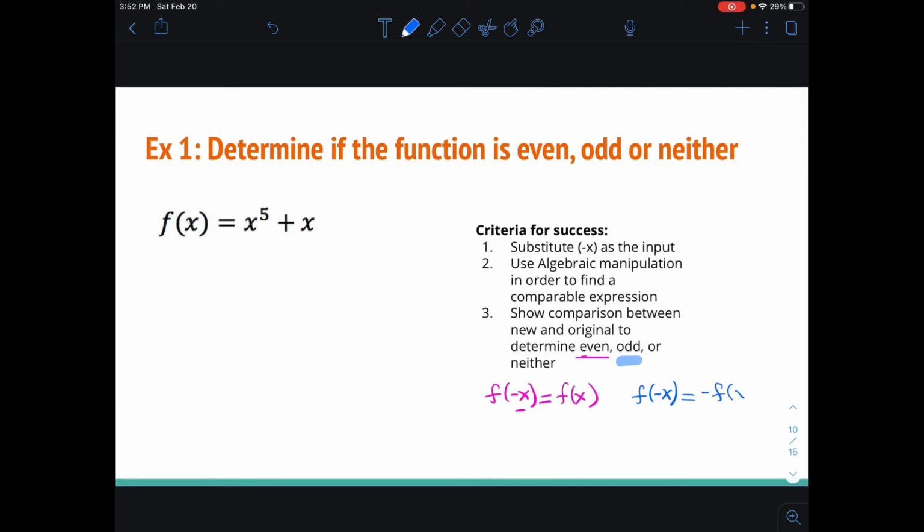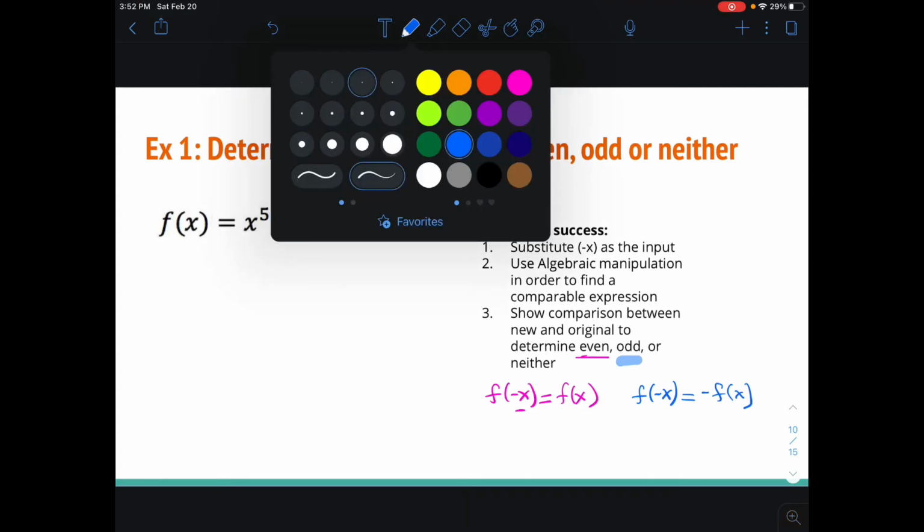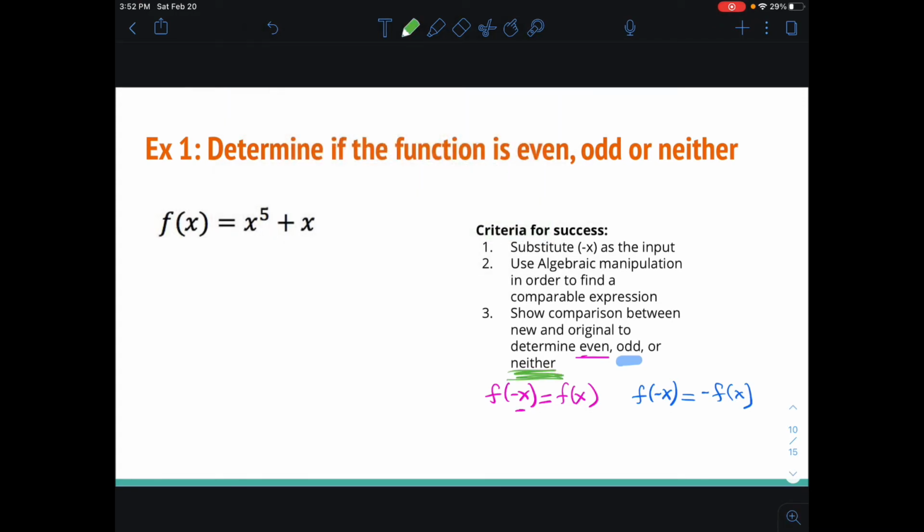The opposite of the original. And neither, you would tell me that both did not work. You would say for neither that, when I substitute the opposite of x, it's not the same as f of x. And it's also not the same as the opposite of f of x. Okay, so it's even, odd.